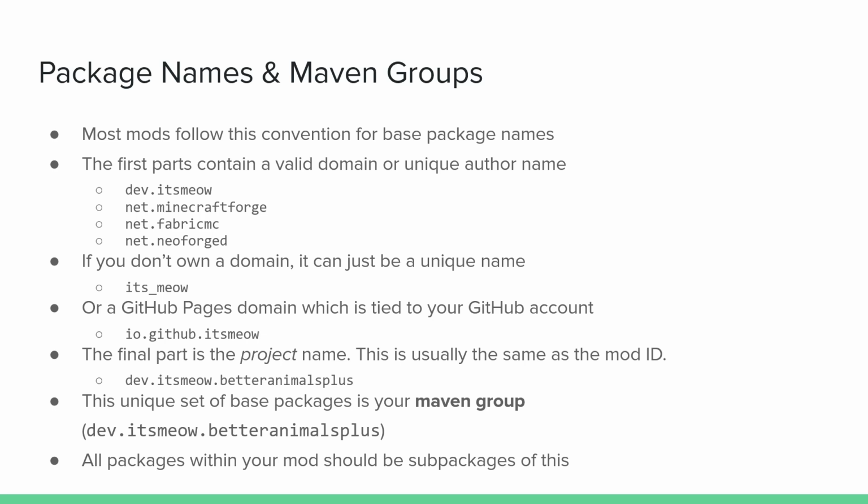You can go to minecraftforge.net. If you don't own a domain, you can just put a unique name, so that's what I did. I used to have its_meow as my base package name. If you also don't own a domain, but you own a GitHub account, you can use your GitHub Pages domain, which is technically unique to you. That's io.github.yourgithubname. And then after that, you will put your project name, which is usually your mod ID.